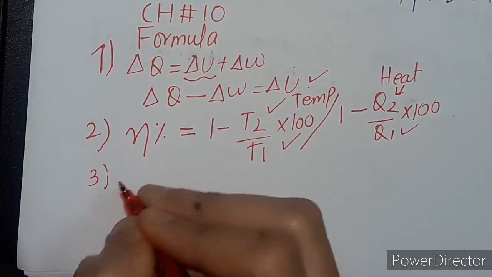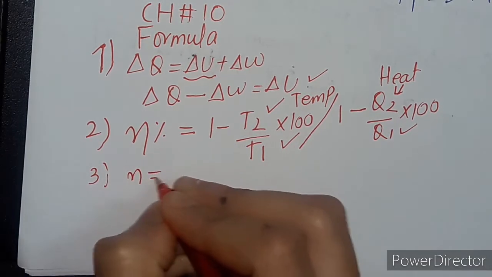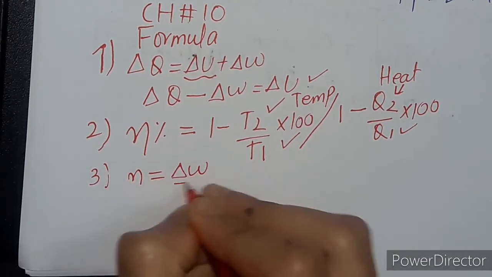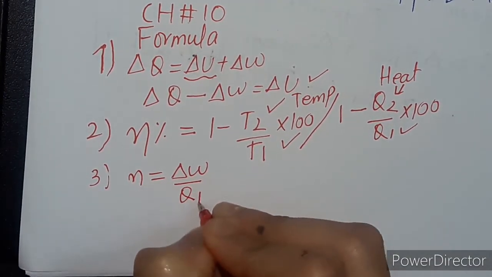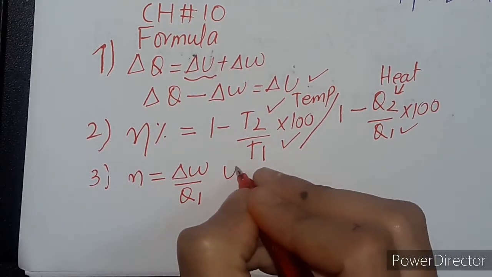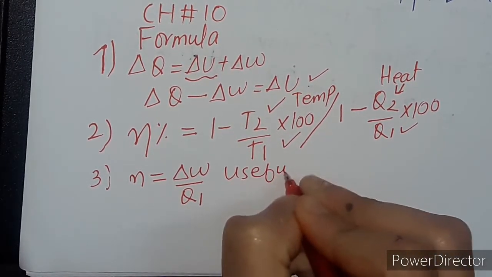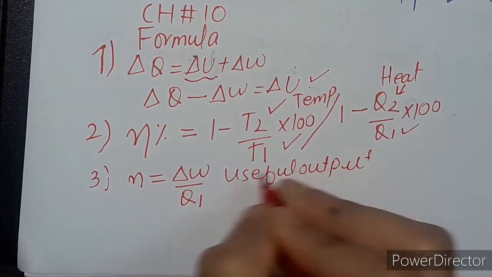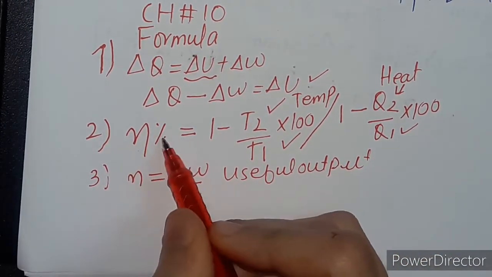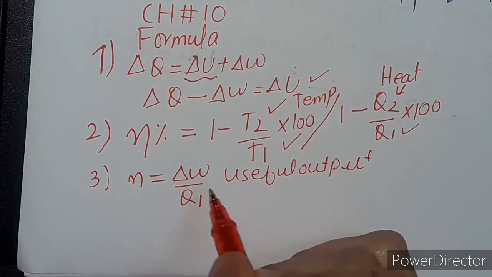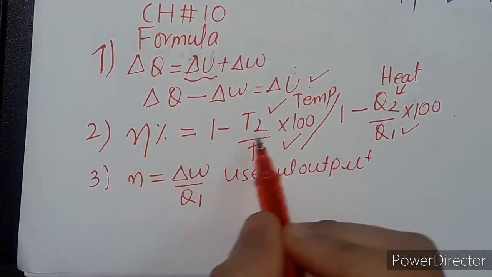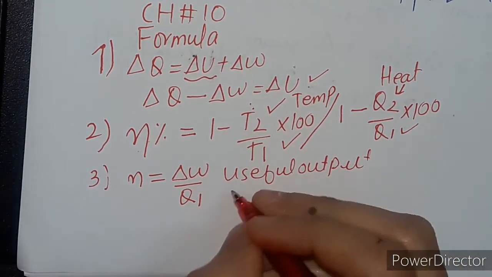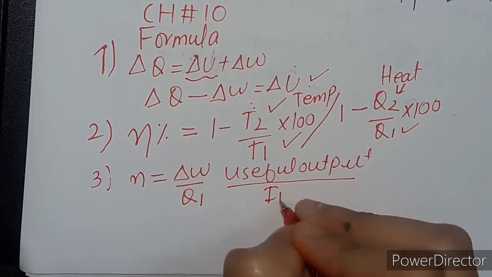Then the third formula is efficiency N is equal to del W divided by Q1, which is useful output divided by input. In the starting of the derivation of efficiency percentage, we use this formula.